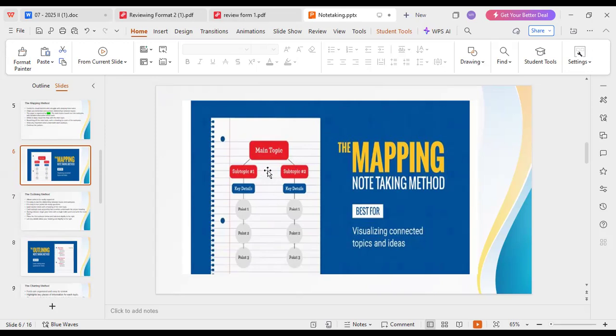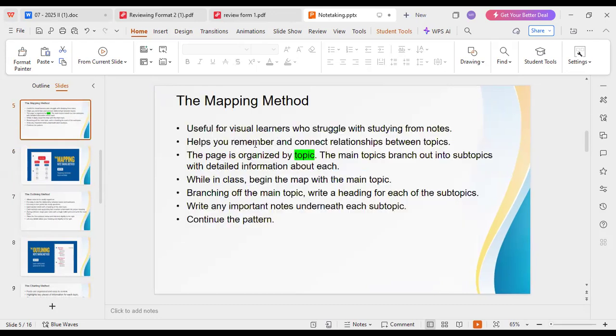Here you can see different shapes are used, round shapes and also squares. Likewise, you can use different shapes, symbols and also different line styles. You can develop this according to your convenience. This method is significant because it works better for visual learners, as this spatial arrangement creates a mental picture which is easier to recall.